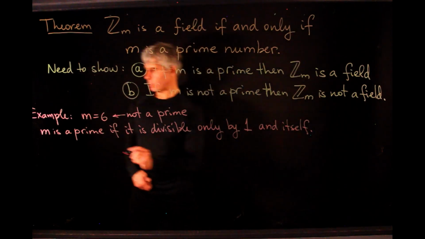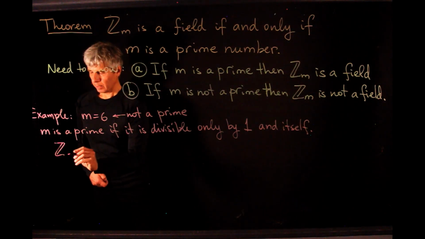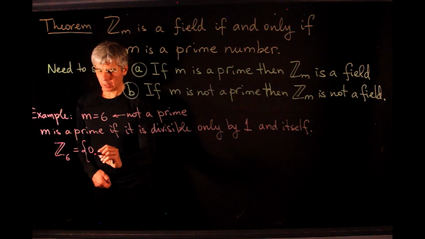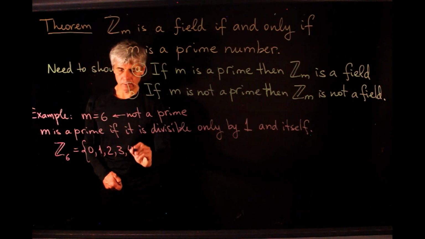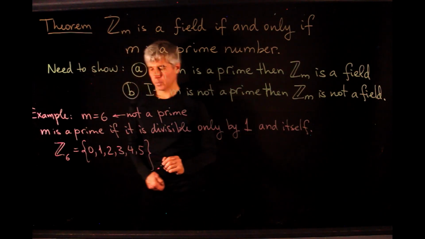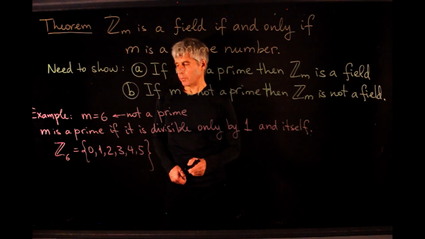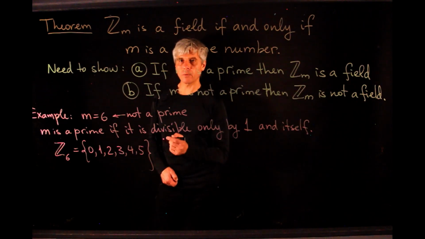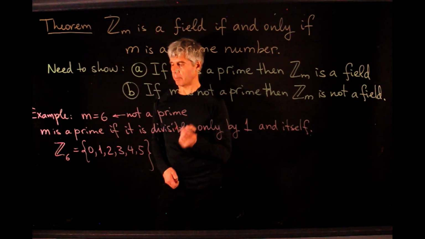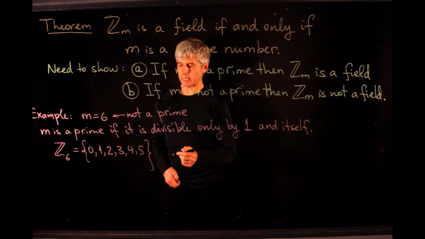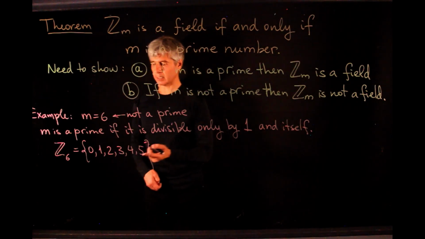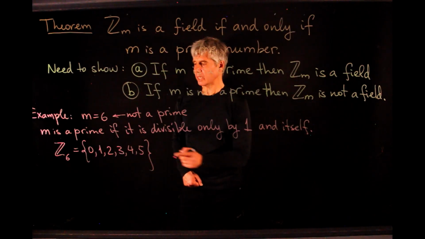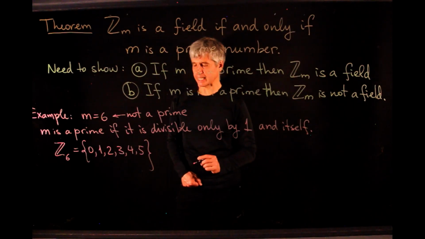So let's look at Z6. The remainders in Z6 go from 0 to 5. So what do we know? We know that here we have well-defined addition, multiplication, and unary minus. Now the point here is that we need to see if there is inversion in Z6. So let us explore multiplication in Z6.